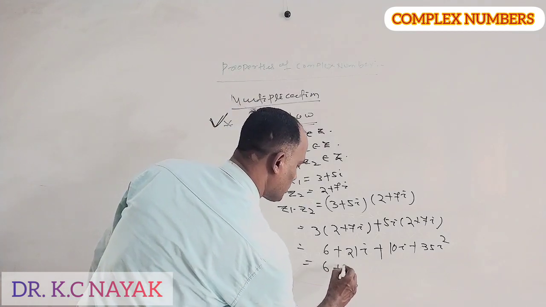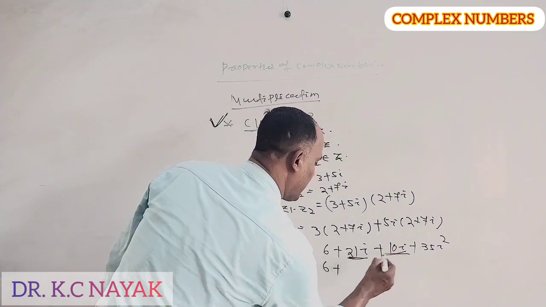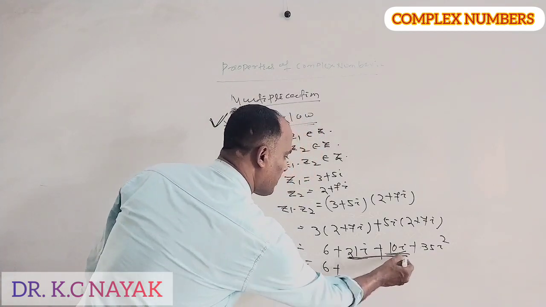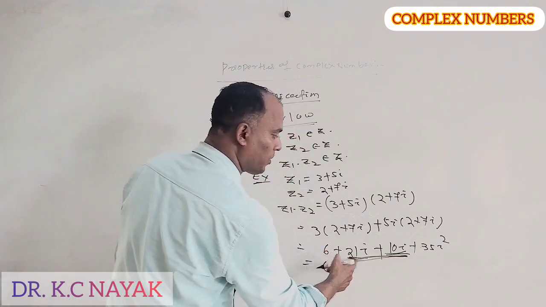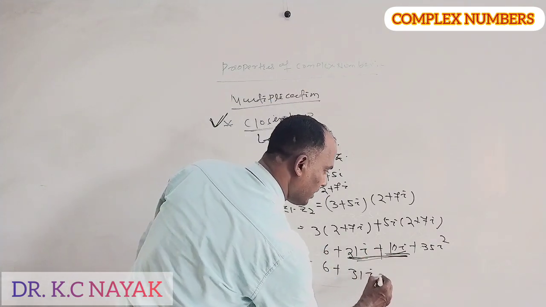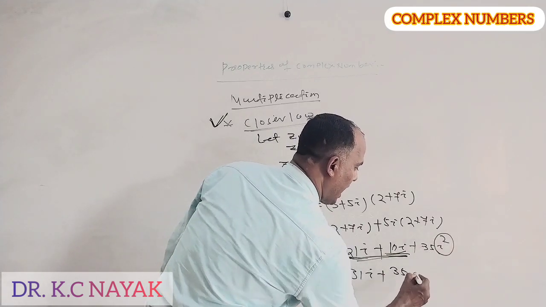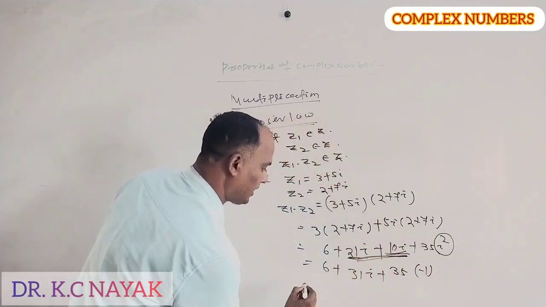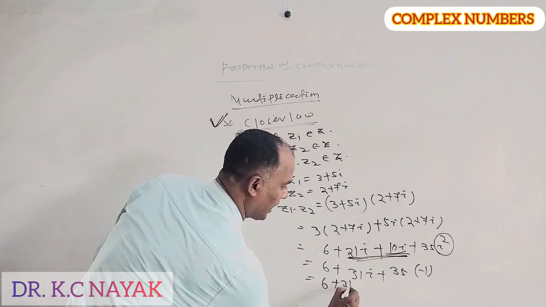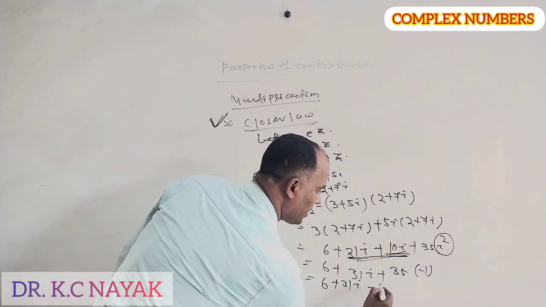So 6 plus 21i plus 10i. Because both have imaginary parts, we add 21 plus 10, which is 31i, plus 35 into i square. What is the value of i square? The value of i square is minus 1. That is why 6 plus 31i minus 35.